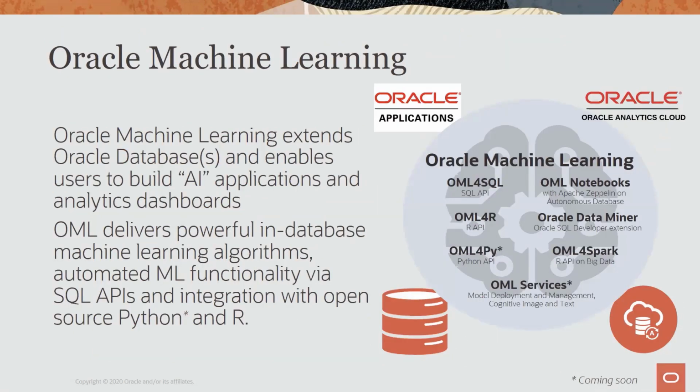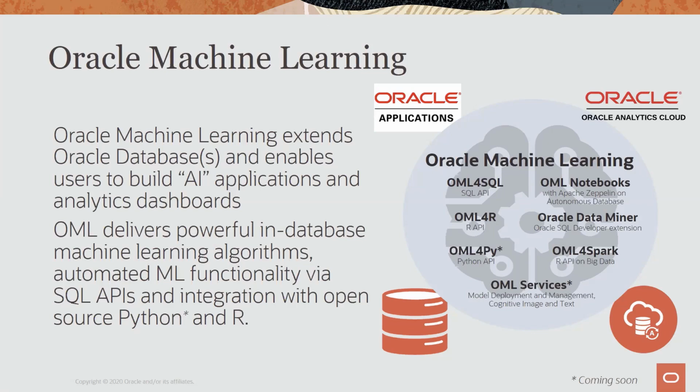The way we do this is using something called Oracle Machine Learning. It used to be a priced feature of the database, but as of December 5th, 2019, Oracle made this a free feature of all the databases. So it extends the Oracle databases and enables users to build AI applications and analytical dashboards that surface and expose predictions and insights and probabilities and reasons for those predictions.